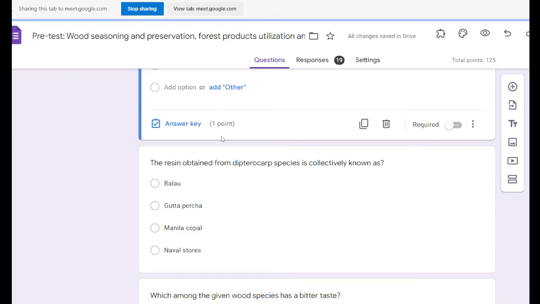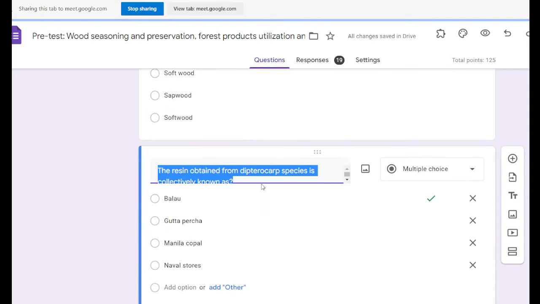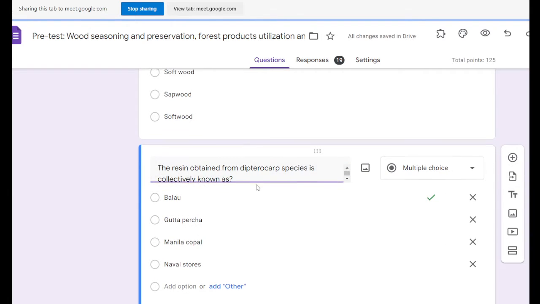Balaw, sir. Yep, balaw. Particularly those species from those apitong mga na resin, balaw. Naputoy another group ani, damar, which are from shorea na mga species. So anyway, wala man po other options aside from the balaw. So the correct answer for this question is balaw.